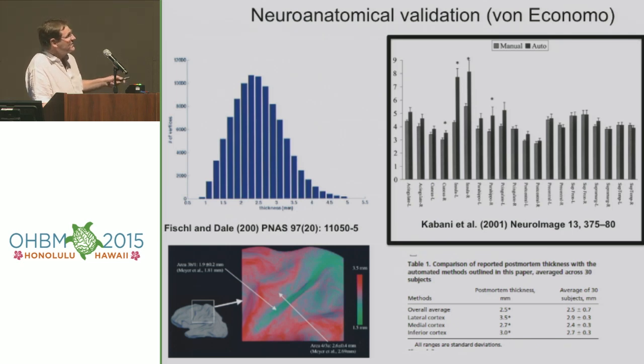Kabani, in our lab in 2001, did a manual analysis to compare across 20 brain regions in 40 brains, looked at the correspondence between the automated extraction of cortical thickness and showed pretty good correspondence, with only 4 regions out of 20 showing a significant difference between manual and automated methods.